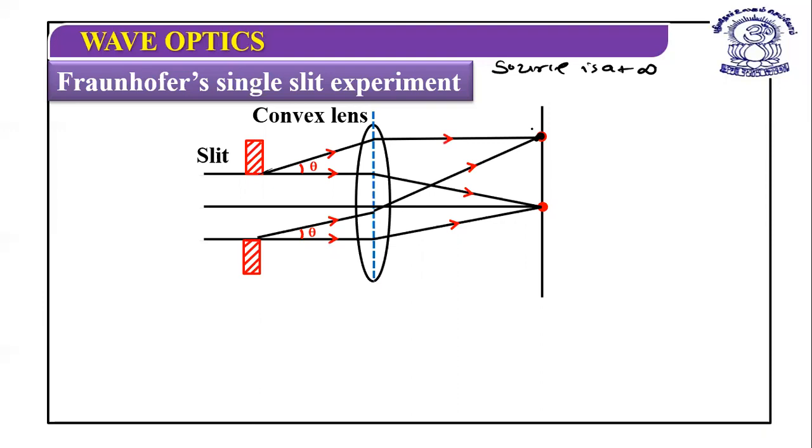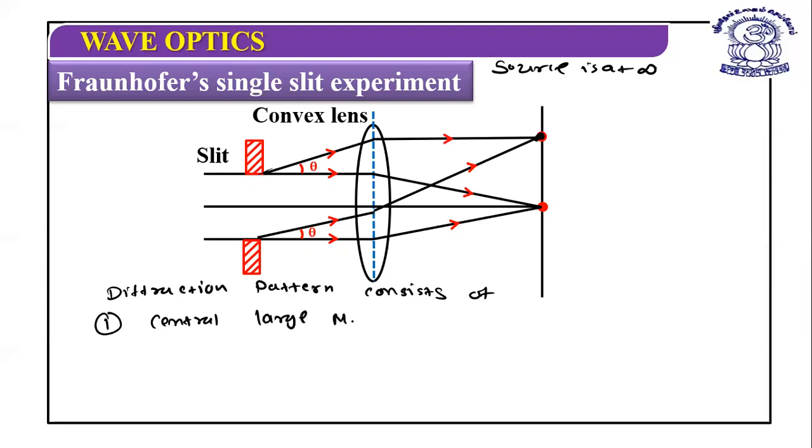In this case, the diffraction pattern consists of one central large maxima, and second, alternate maxima and minima.